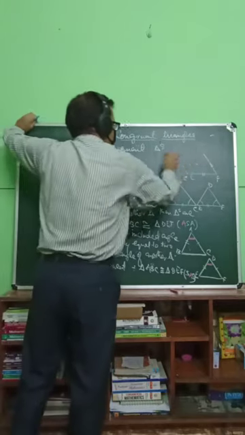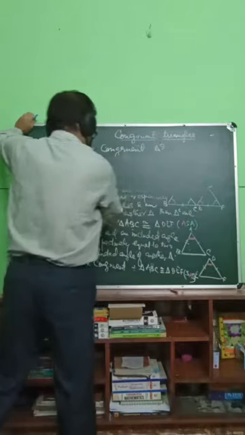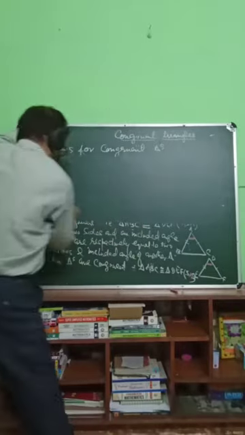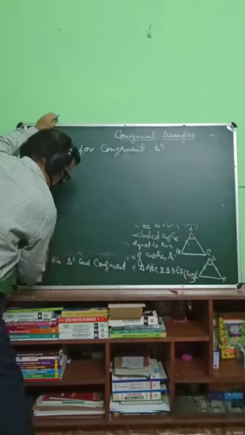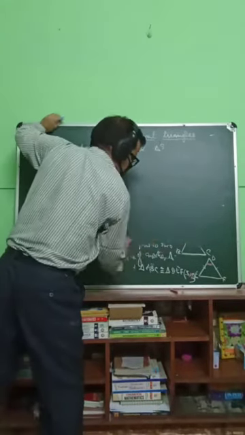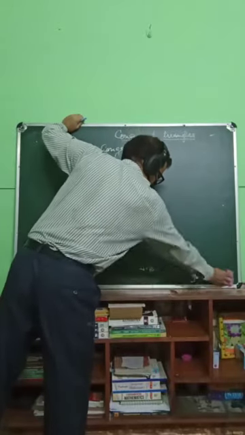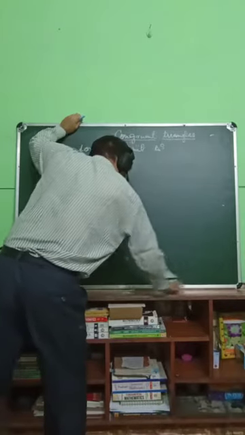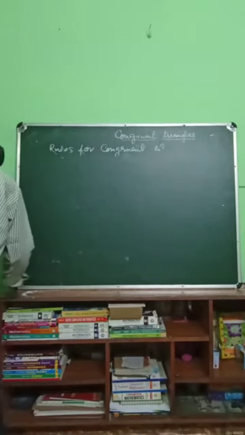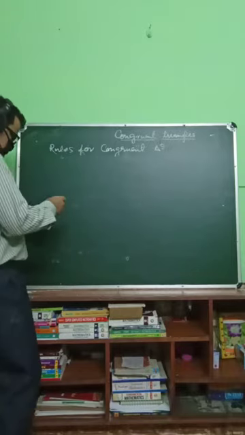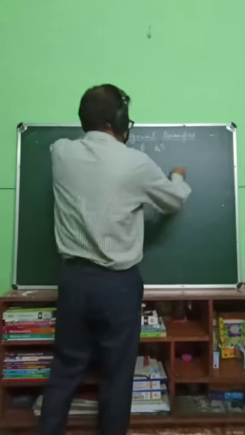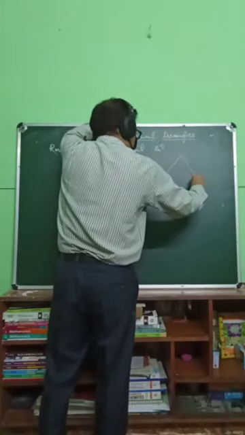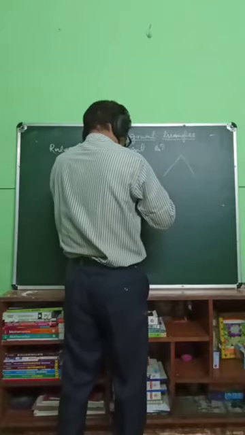Then the fourth congruence rule is: I am having another pair of triangles. This is one side, this is the third side.